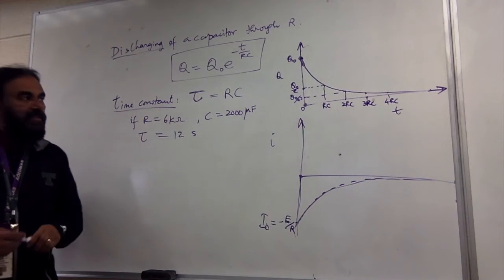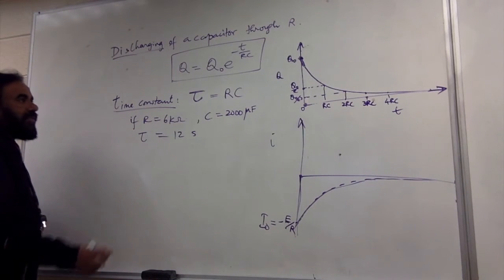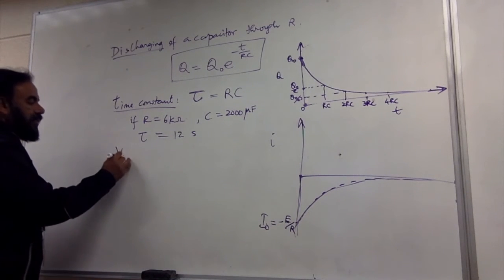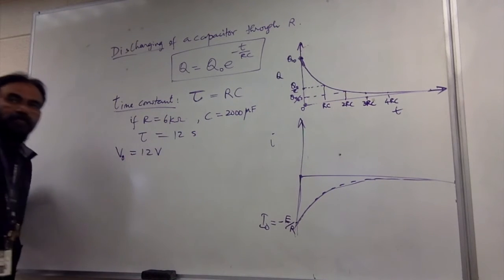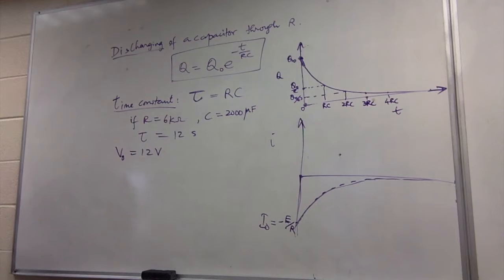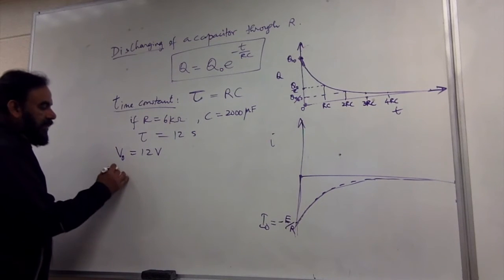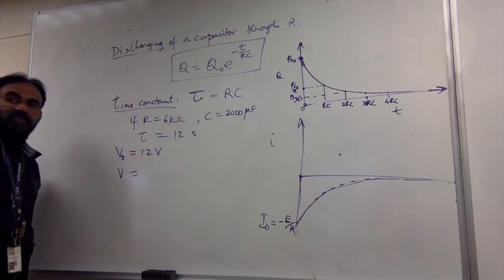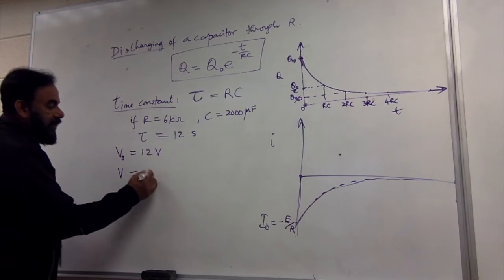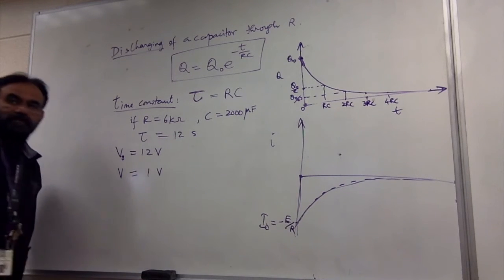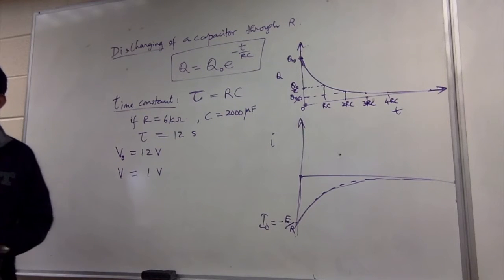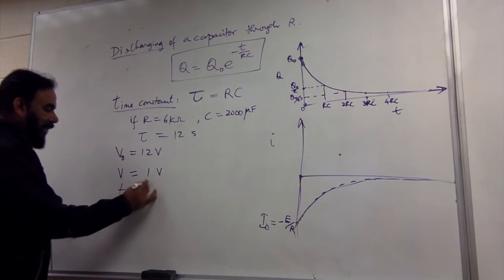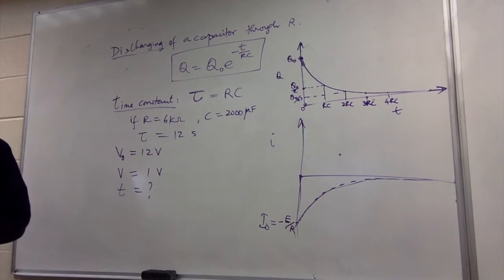So for this, suppose the starting voltage is 12 volts, and the voltage after a period of time is 1 volt. How much time has elapsed?